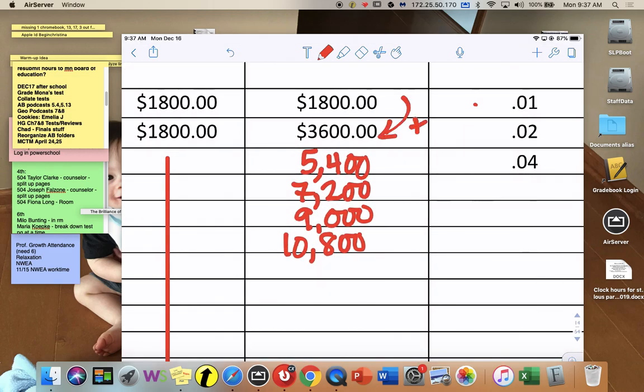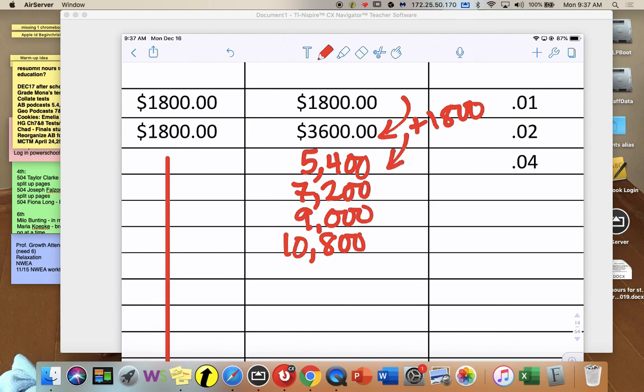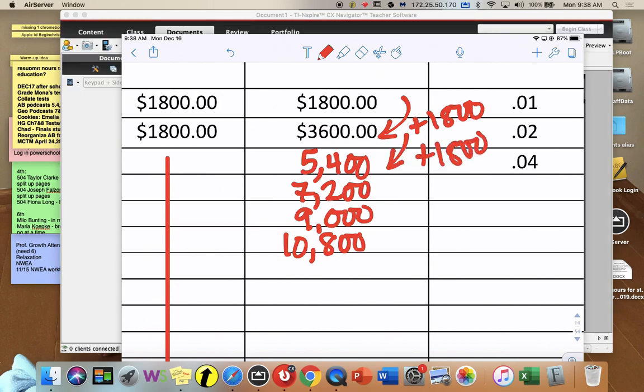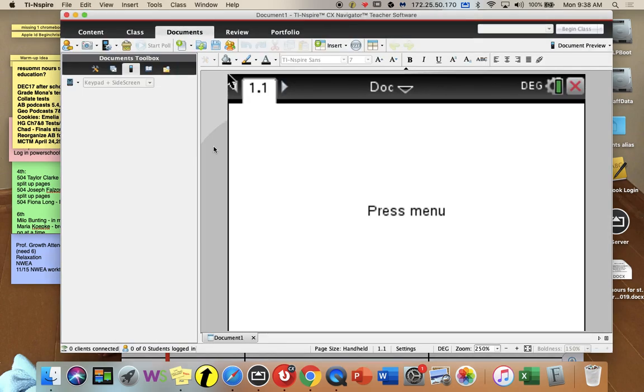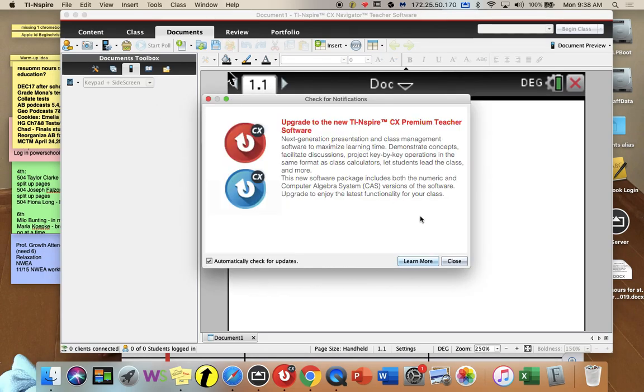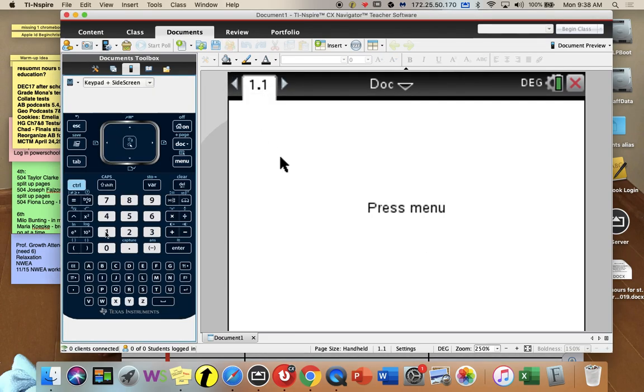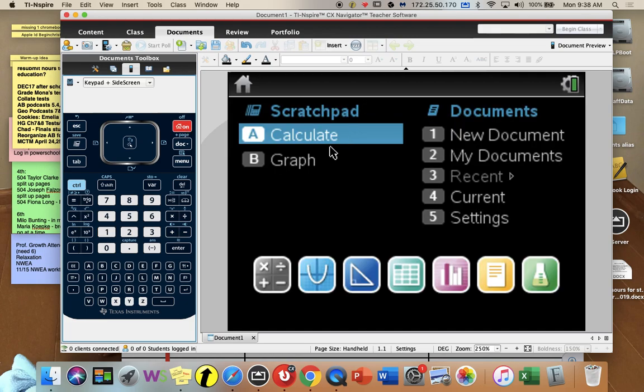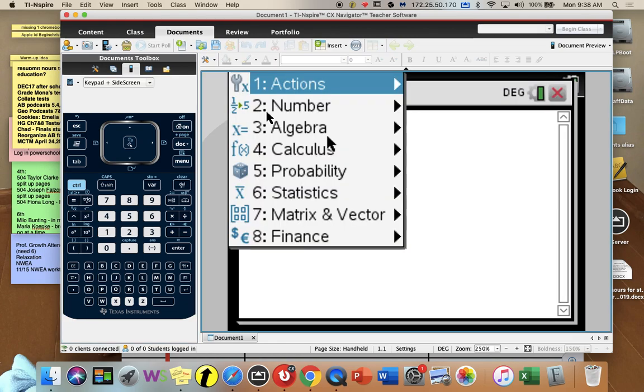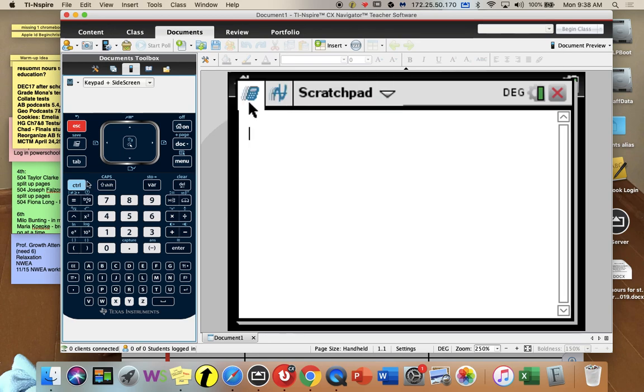So plus $1,800 per day. Okay, so on your calculator, how can we do that? Well, we have our y-intercept, which is 1,800. So I can type in 1,800, enter, and I can take that last answer, and every day I'm adding in 1,800.